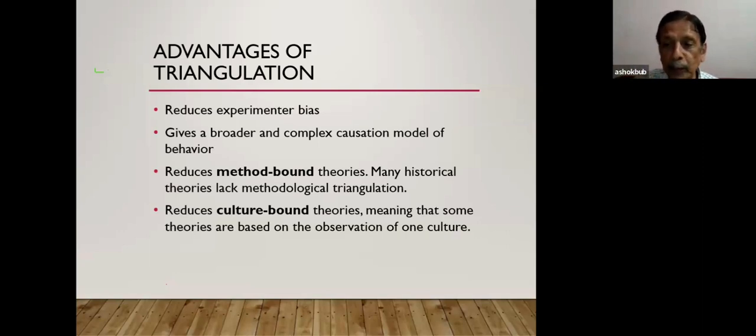I am using the experimental method because I want to have control over the variables and then study. If I am using a survey method, the researcher or experimenter has a lot of biases. And when you use multiple methods, the researcher's bias can be reduced. This is one of the primary advantages.